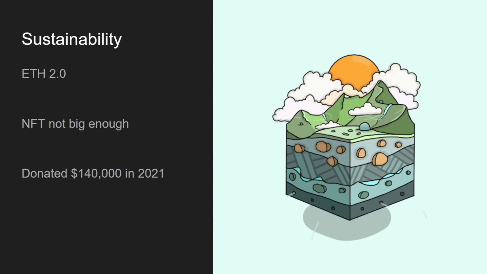They also say NFTs aren't big enough to make that much of an impact, which I agree with, but they also said they shouldn't be thinking about it like that, because eventually NFTs are going to be very big and there's going to be significant energy use, which is good that they're thinking about it. Also, they've donated $140,000 just in 2021 alone to different projects like ocean cleanups, no-kill animal charities, and energy projects as well.